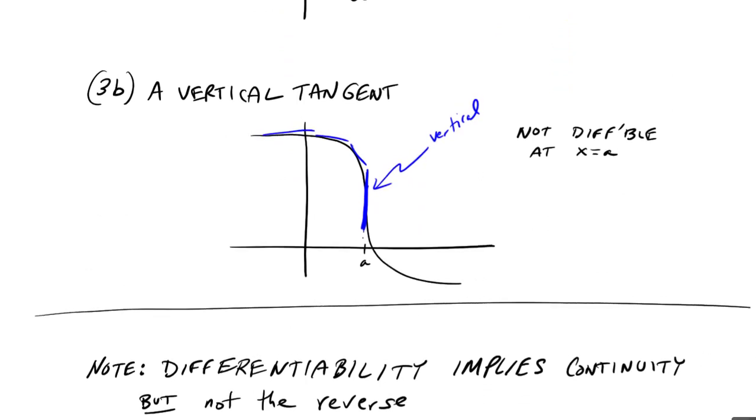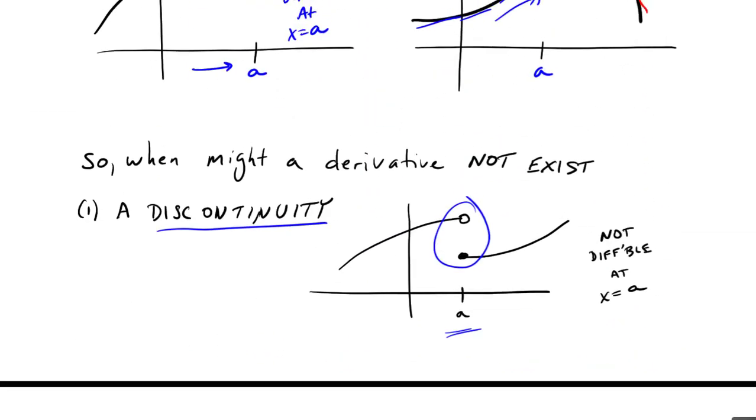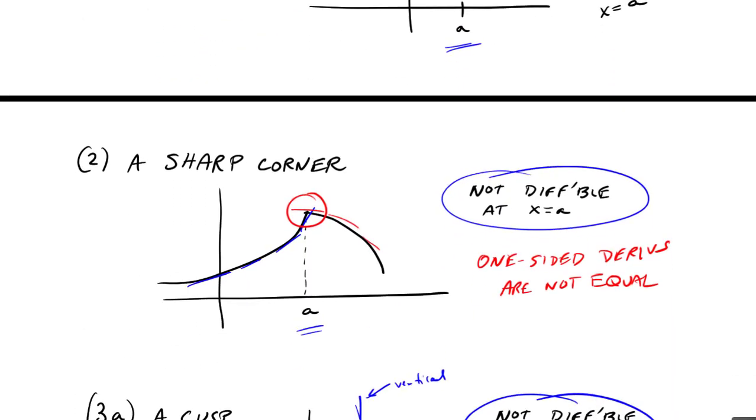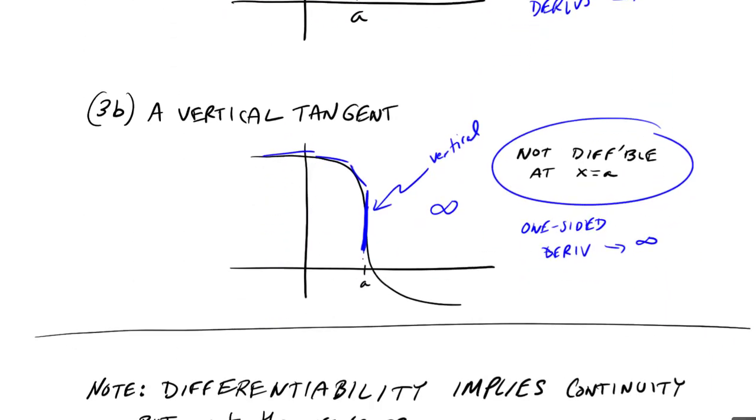So it's still a vertical tangent line, and so it's an infinite slope, and that's no good. So again, from either side, the one-sided derivatives go to infinity, and so not differentiable. So those are the things that we're normally looking at. We're looking at discontinuities, sharp corners, cusps, and vertical tangents, and that's what will give us non-differentiability.